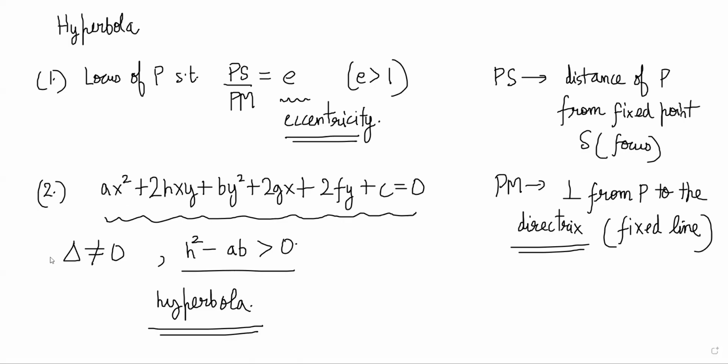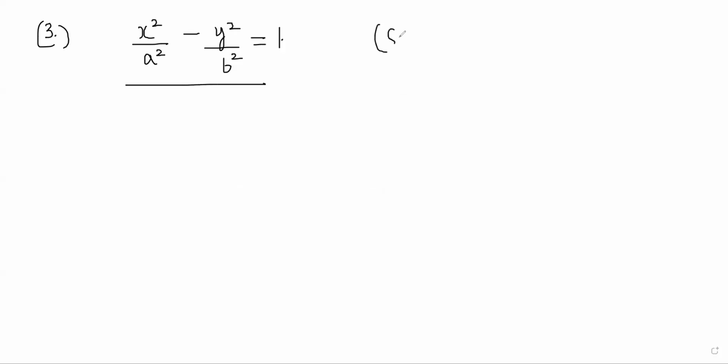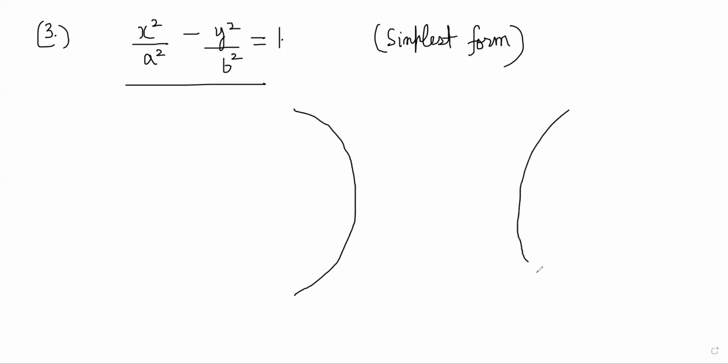So let's go to the standard equation of a hyperbola. The standard equation looks like this: x square by a square minus y square by b square is equal to 1. This is the simplest form of a hyperbola, or the standard form. And here the curve looks somewhat like this. This is my origin. The foci are at these points ae comma 0.